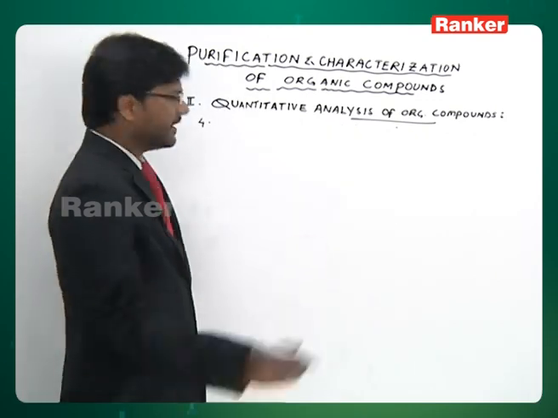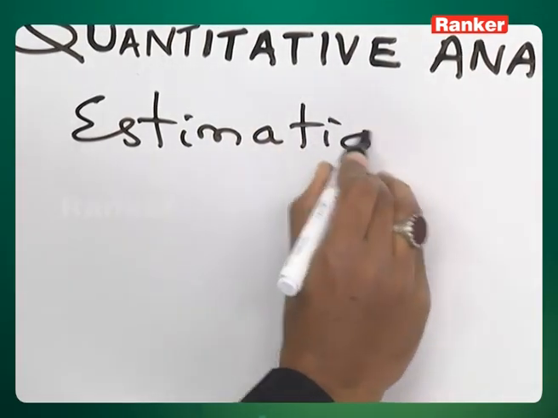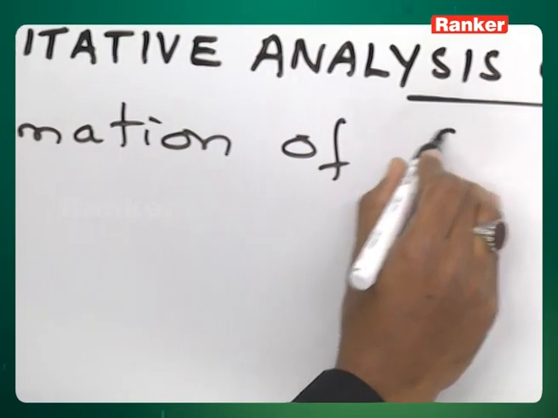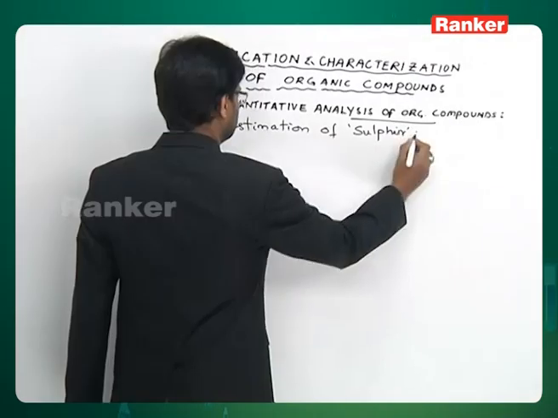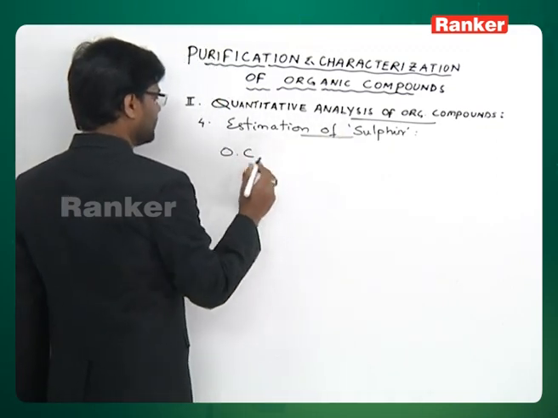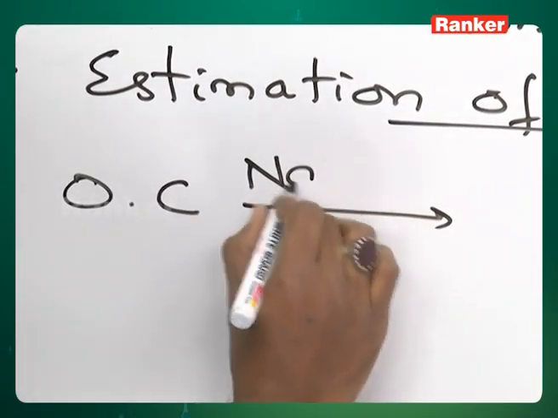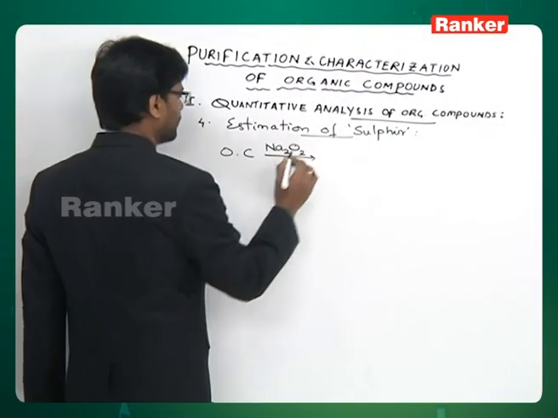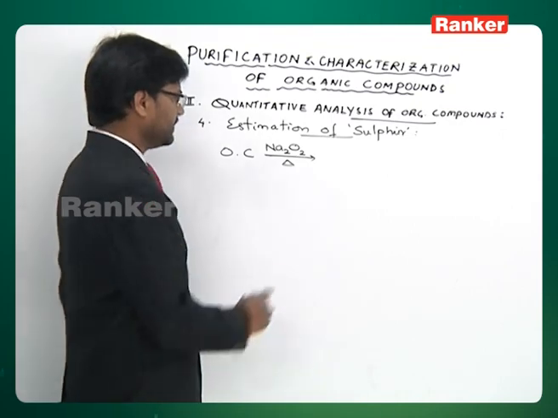The next one is estimation of sulfur in the organic compound. Here, organic compound is heated in presence of sodium peroxide. Sodium peroxide here is being used as an oxidizing agent.